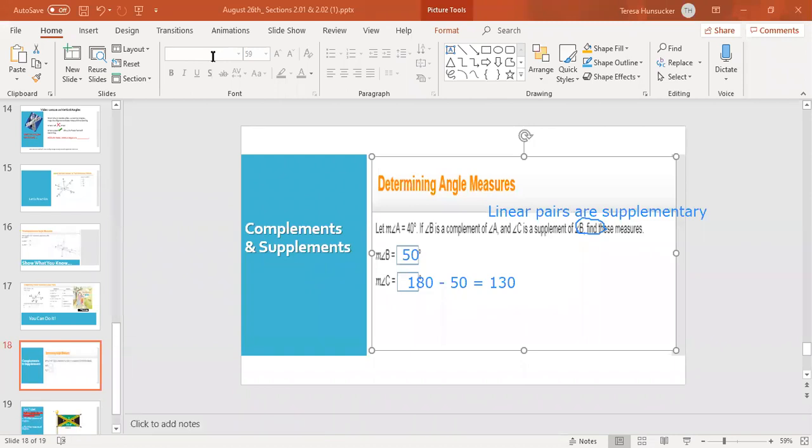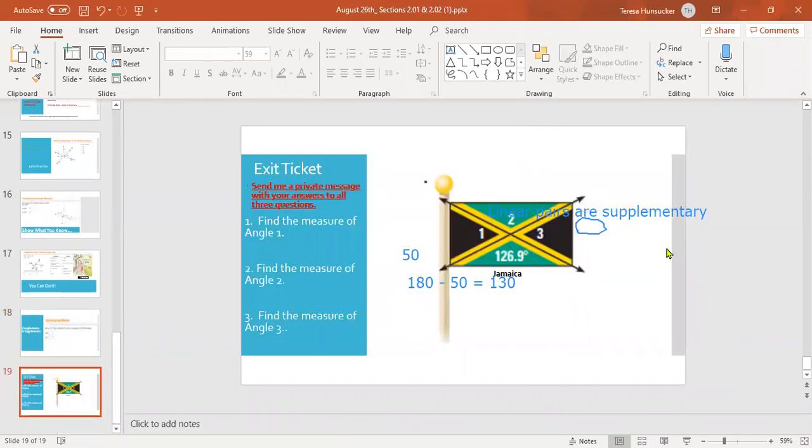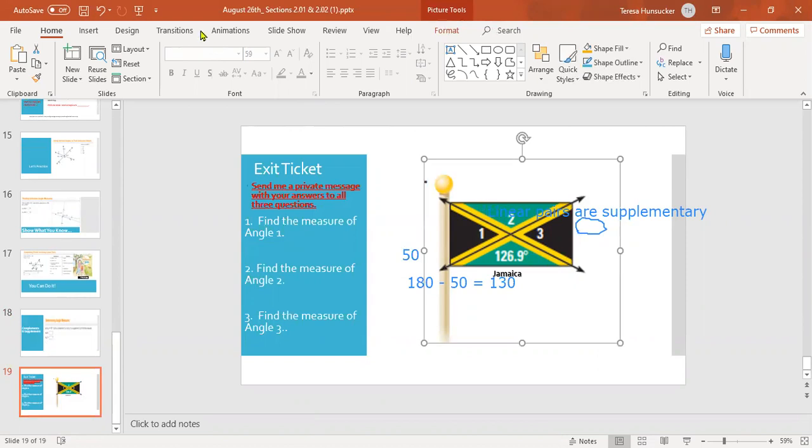All right. Lastly, we've got this Jamaican flag. And I want to know the measures of angles 1, 2, and 3. So you've got to think about the special angle pairs we just discussed.